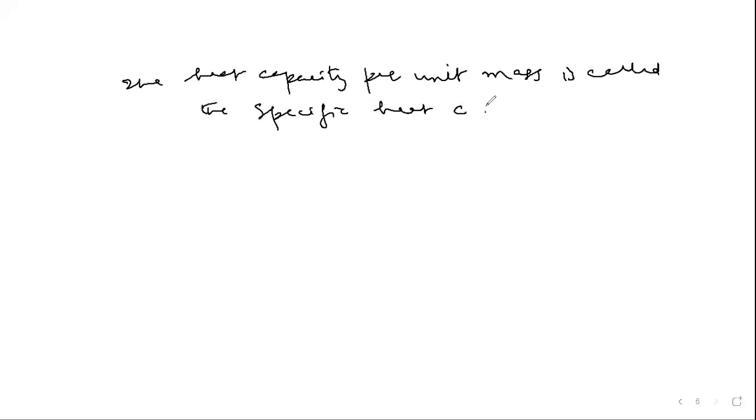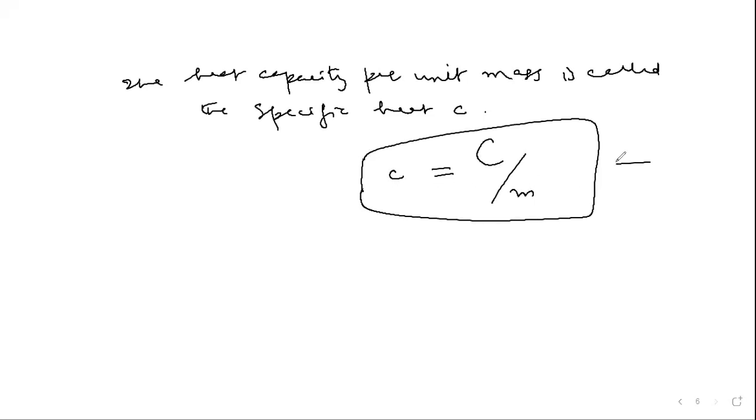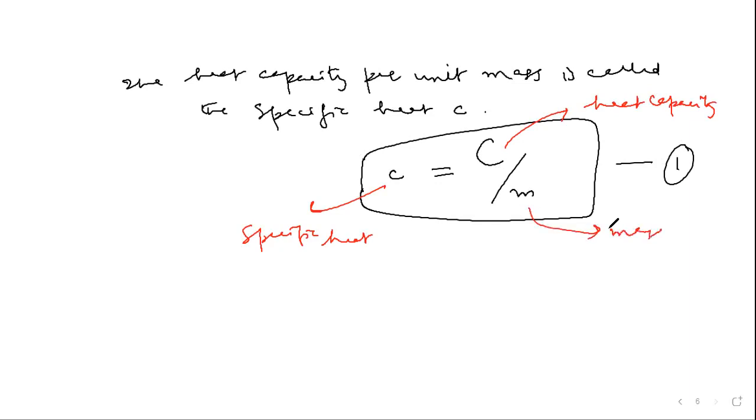We use little c as a symbol for it. So if small c is the specific heat of a body, capital C is its heat capacity, and m is its mass, you can write small c equal to capital C over m. Small c is specific heat, capital C is the heat capacity of a body, m is the mass of the body, right?